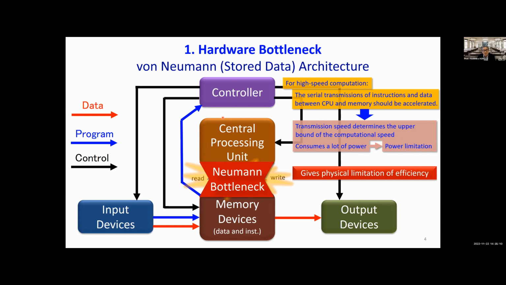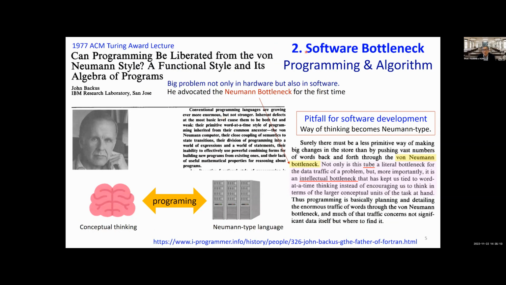The second one is the software bottleneck, which concerns programming and algorithms. This term, Neumann bottleneck, was used by John Backus for the first time in his Turing Award lecture. He said that not only is this a pipe, a little bottleneck for the data traffic of the program, the pipe means a vacuum tube at that time, so nowadays this should be a transistor.